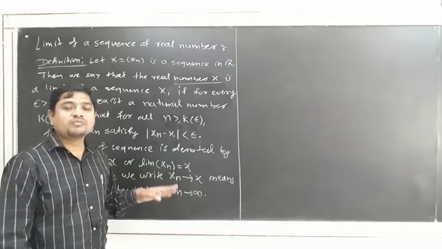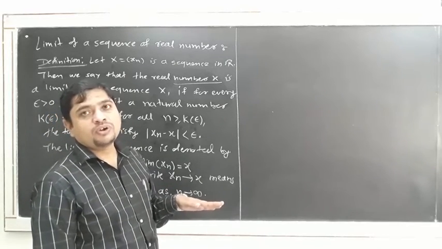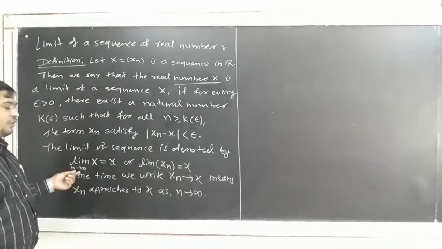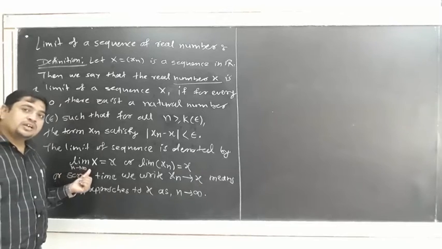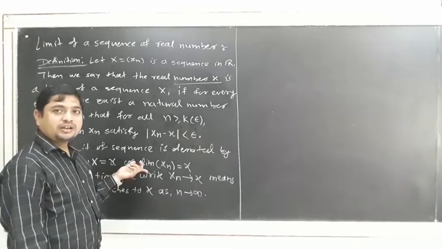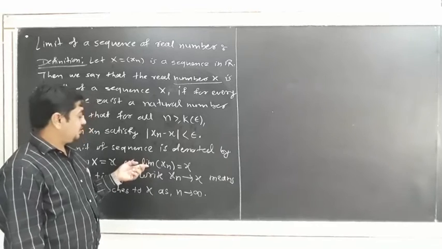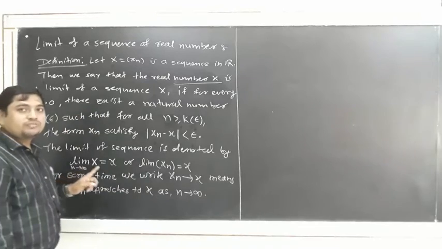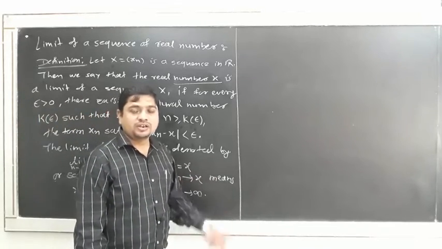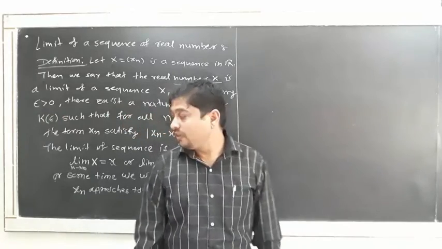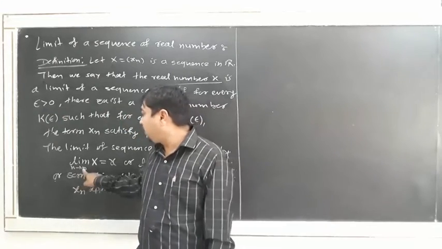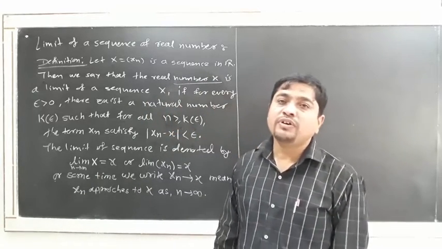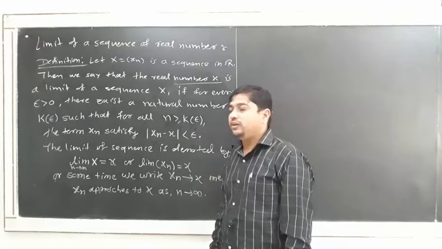Sometimes it is not written in our book, but you have to write n tends to infinity, for your convenience. If it is not given, you have to understand that this is the limit of a sequence, therefore it must be n tends to infinity.